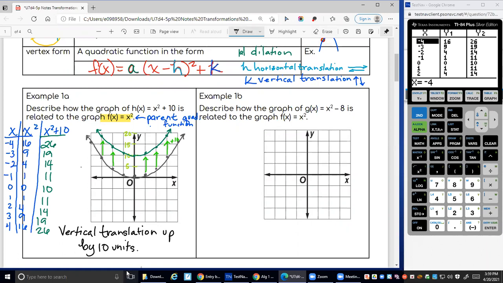Okay, sounds good. Now, when we look at this 10 and you look at this equation right here, what variable, you can put it in the chat, what variable is 10 replacing? The A, the H, or the K? I'll look for it in the chat. Just type it in.